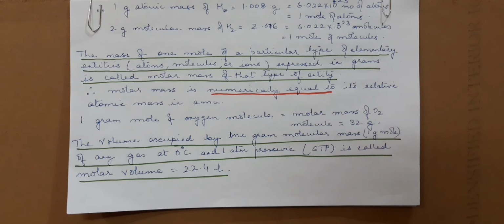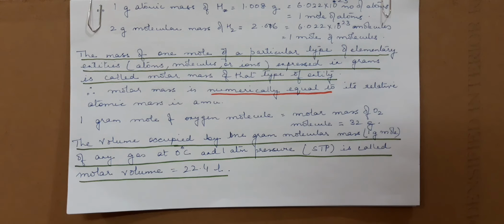That means 6.022 into 10 to the power 23 atoms of hydrogen will occupy 22.4 liters. 6.023 into 10 to the power 23 molecules of, let me take, oxygen will occupy 22.4 liters.